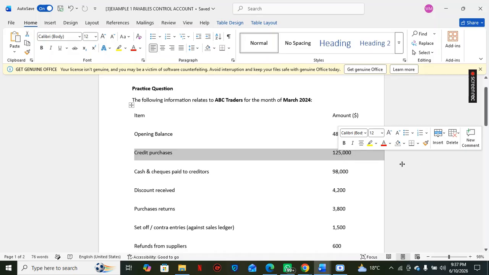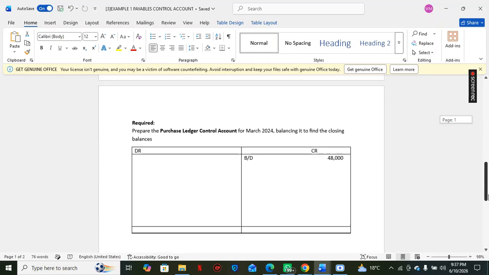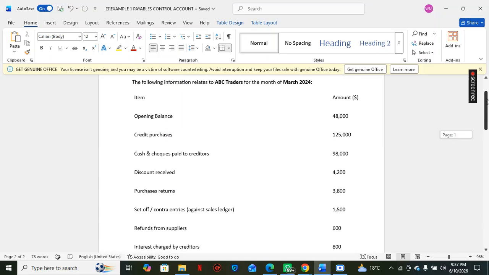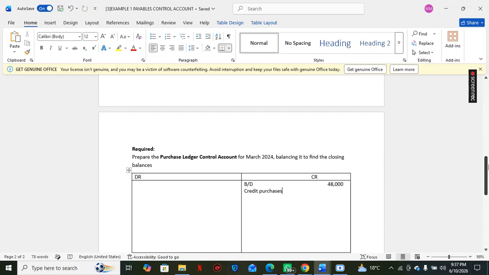Yes, it increases the liability. So it's going to go on which side, credit or debit? Wonderful. So we say 125,000.